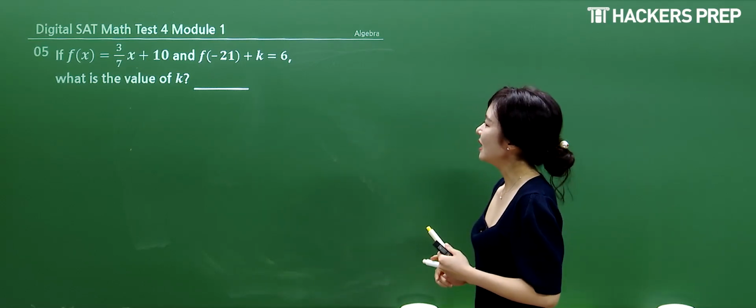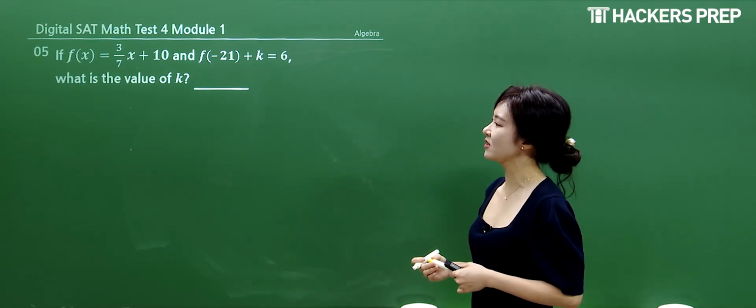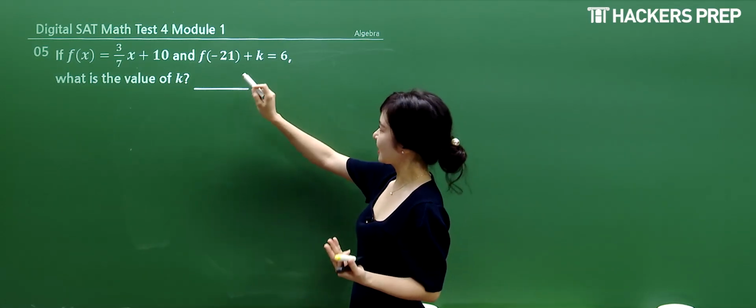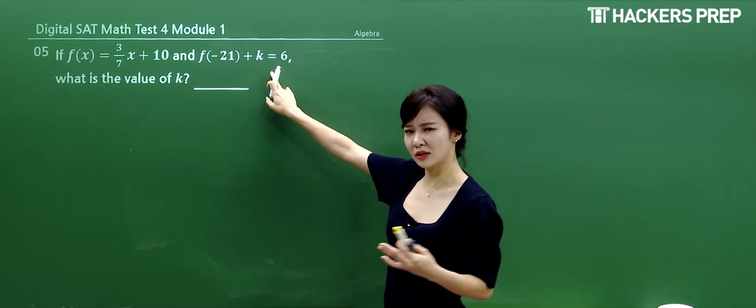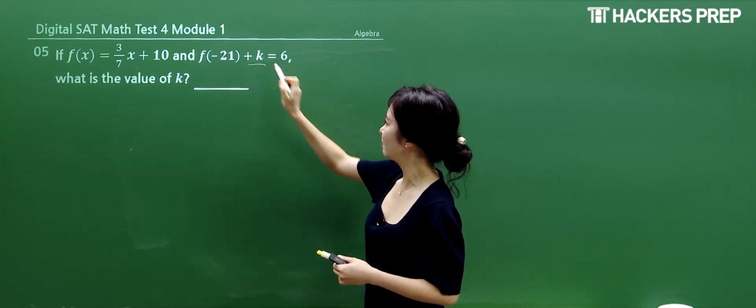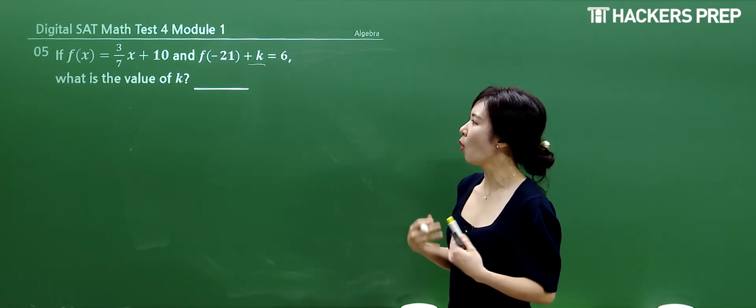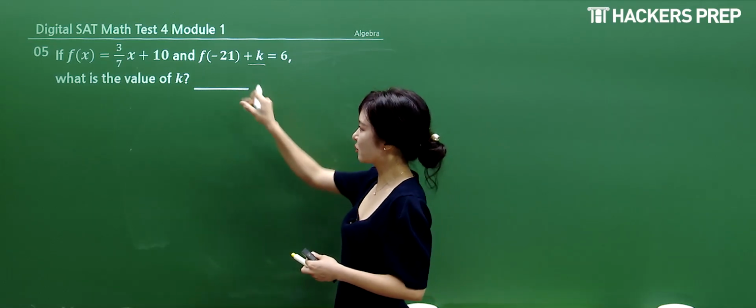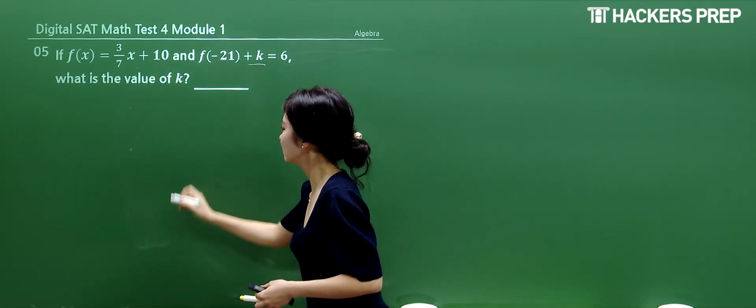Question 5. If f of x is equal to 3/7 times x plus 10, and f of negative 21 plus k, so now we have a new variable here, is equal to 6. What is the value of k? So before we get into this part of the question, let's bring this down.